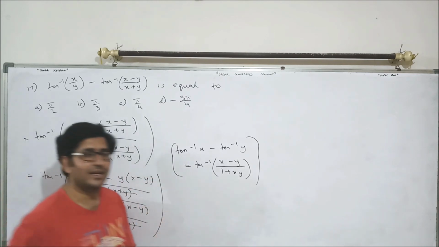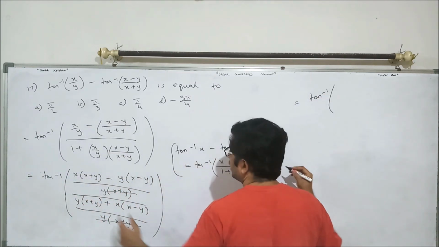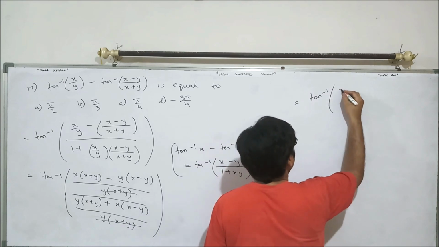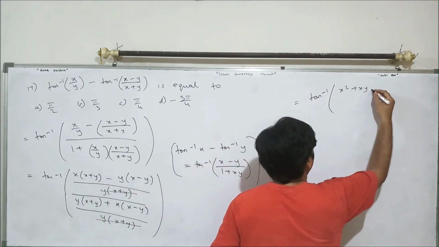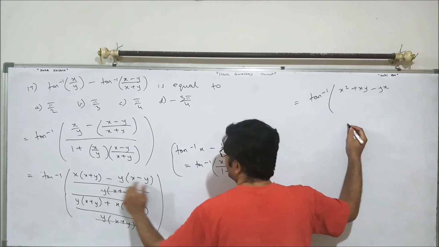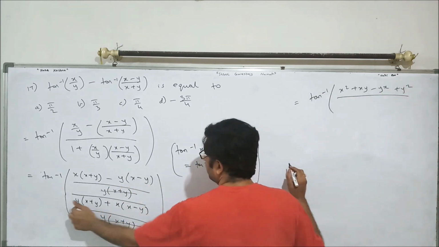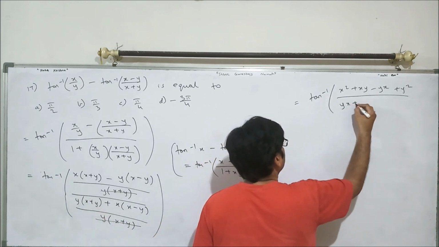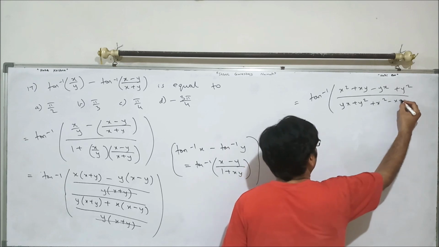Now let's open the bracket and see what we get. We are going to get tan inverse of, open the bracket here, so we get x square plus xy, here this will multiply so we get minus yx, and minus minus becomes plus, so plus y square, upon, in the denominator, we get yx plus y square plus x square minus xy.